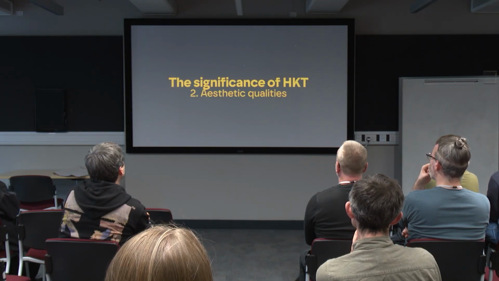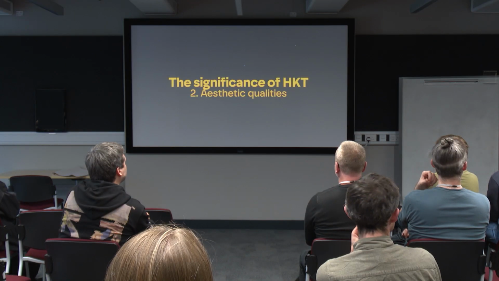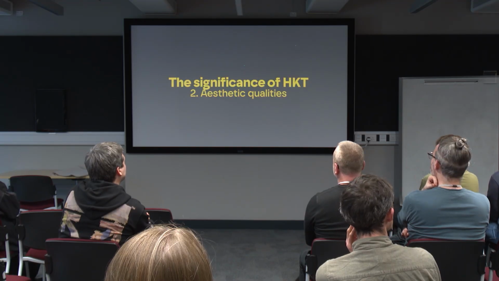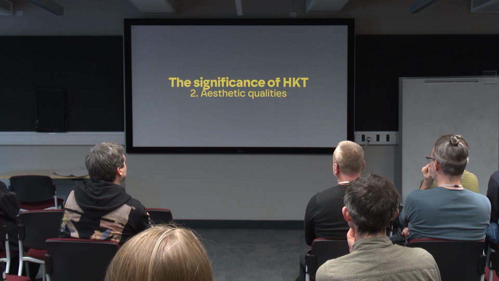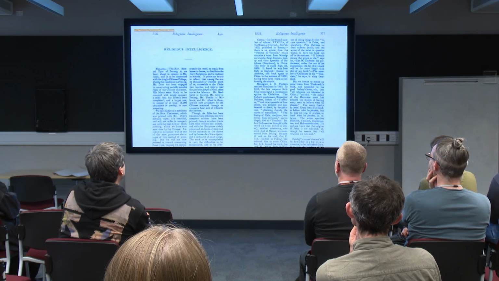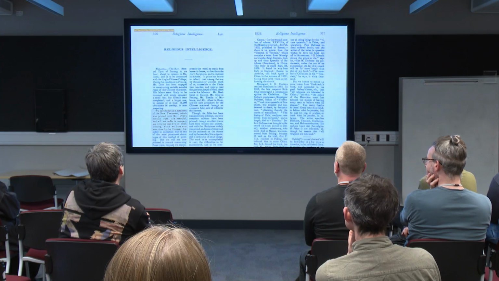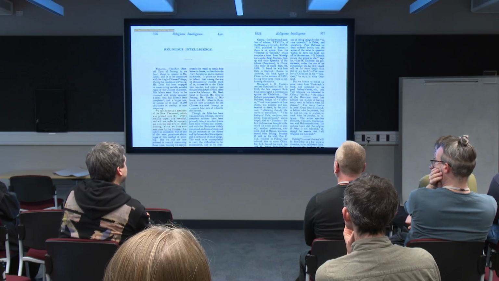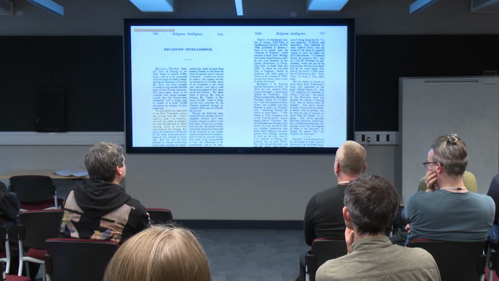Secondly, Hong Kong type was admired for its beauty. 19th century printers and readers praised how it looked. For example, an 1833 journal called The Chinese Repository described Hong Kong type as beautiful, saying it compared well to the best Chinese woodblock printing of the time. That was high praise, since the woodblock at that time was the gold standard.